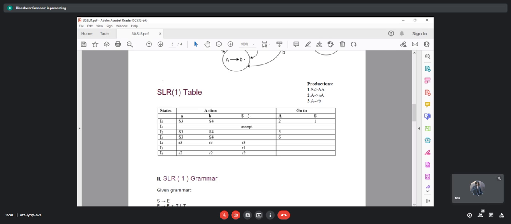So you need to understand how you can find the first and follow. So in action we have our terminals that are a, b, and dollar, and in go to we have our non-terminals. Non-terminals are A and S. Okay, we just place it over here.